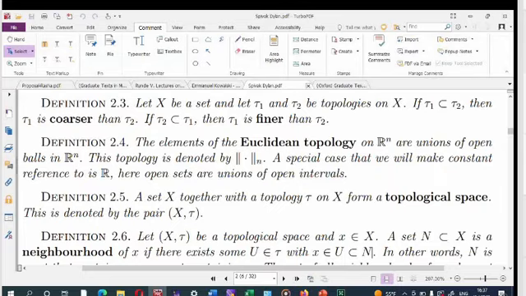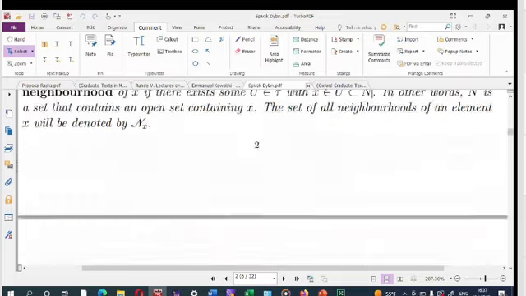The elements of Euclidean topology of Rn are open balls in Rn, so that any open set is a union of open boxes or open balls.